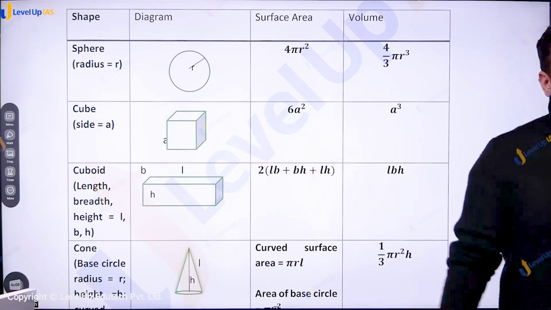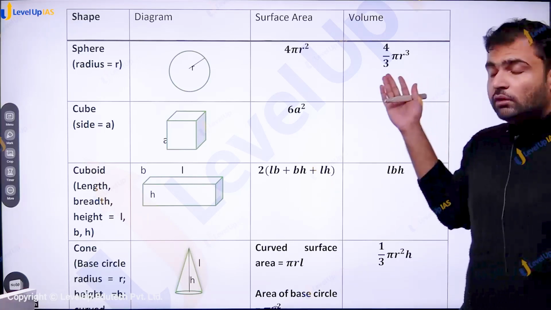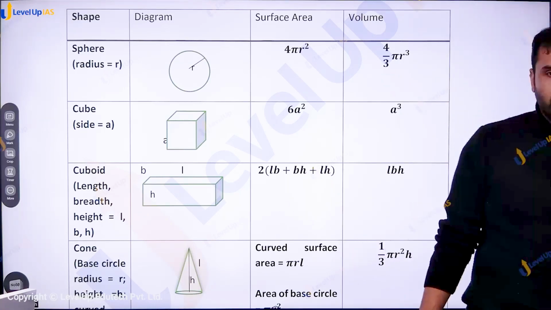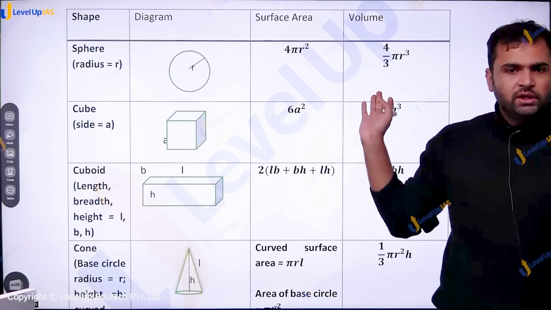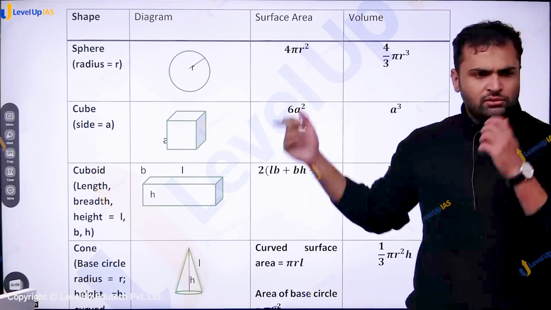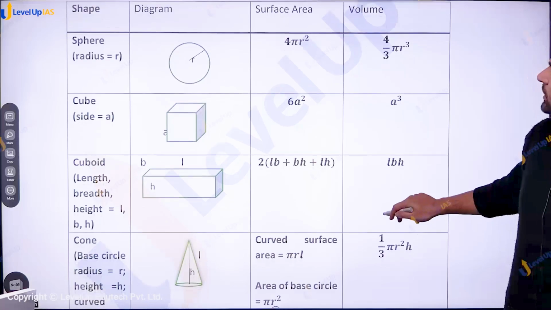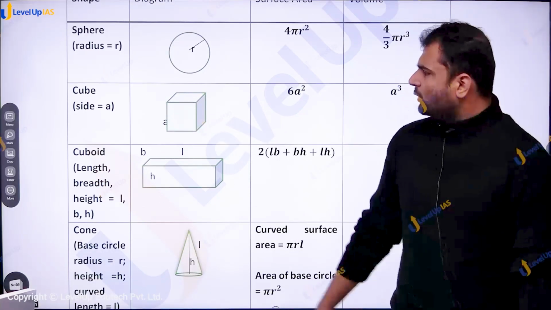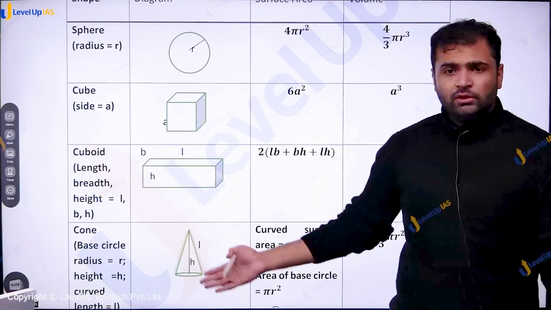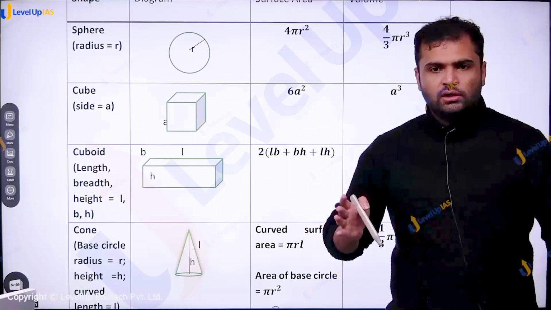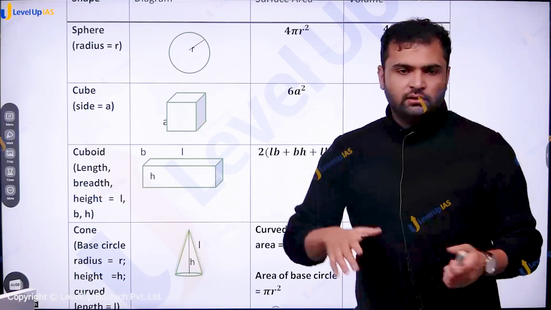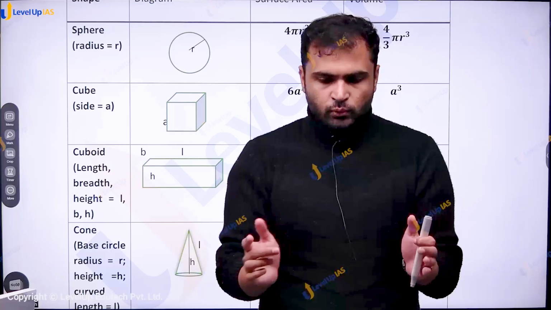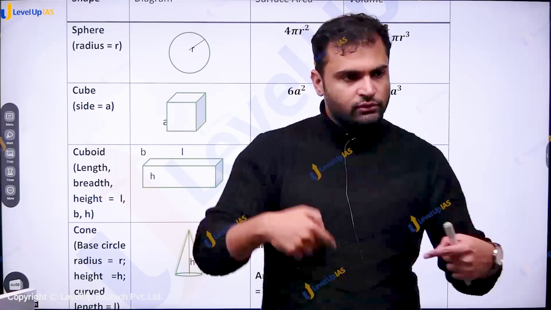Surface area is 4 pi r square and volume is 4 by 3 pi r cube. Here r cube will come because it's a volume. It would be in meter cube. It would be in meter square. So r square will come. For cube, cube is nothing but a shape consisting of 6 squares, right? There is 1 square, 2 square, 3 square, 4 square, 5 square, 6 square.